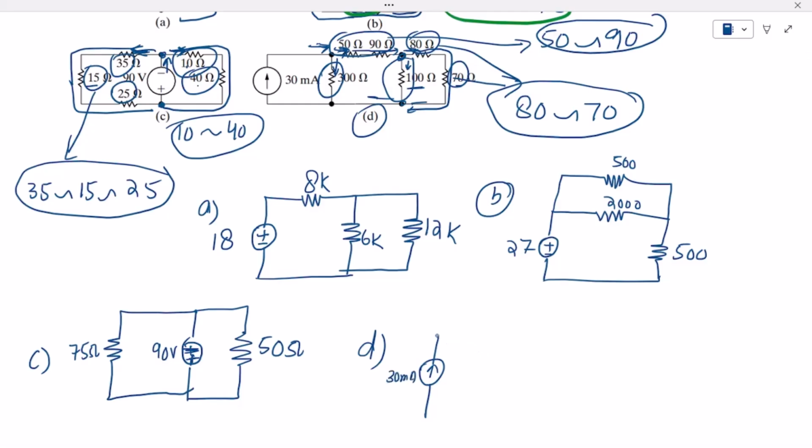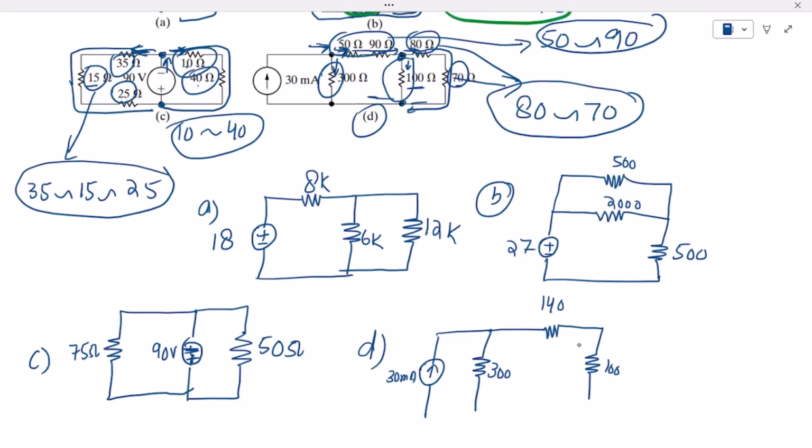The first resistor will remain unchanged because there is no resistor with it which was in series. The other two resistors, this 50 and 90, were in series with each other, so the equivalent of them will be 50 plus 90, which is 140 ohm. The 100 ohm resistor will be unchanged because no resistor is connected in series with it.